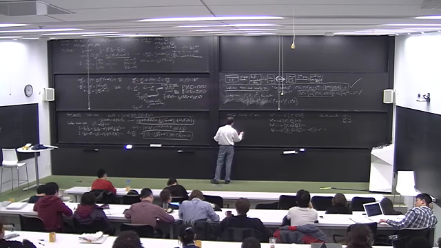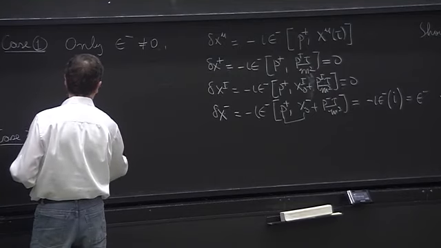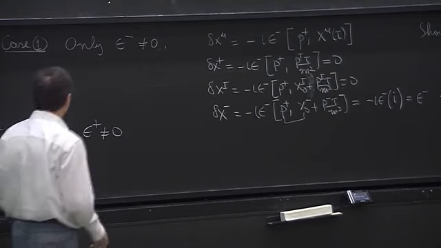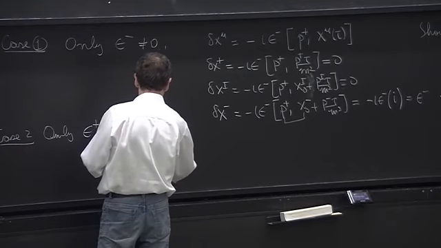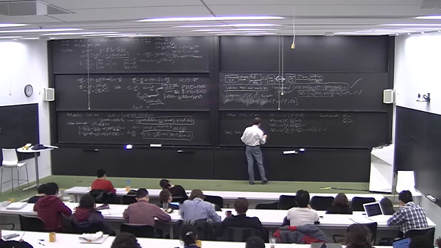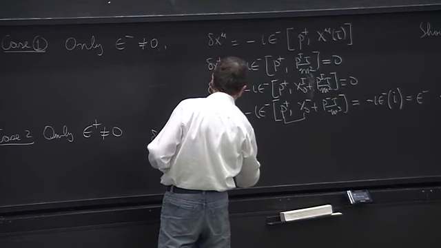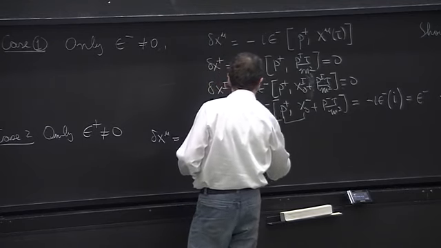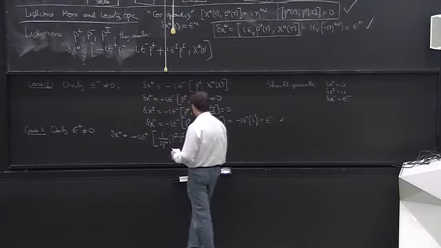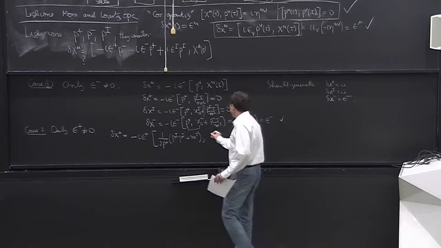Only epsilon plus is different from 0. Okay. So in this case, delta x mu would be equal to minus i epsilon plus p minus, I'll write what it is, 1 over 2 p plus, pi pi plus m squared, commutator with x mu of tau.